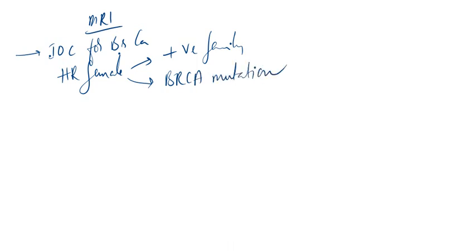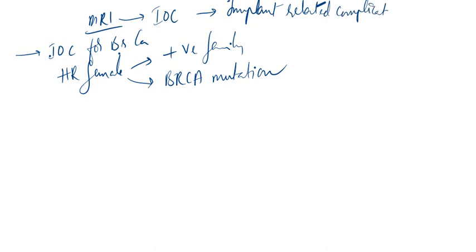Okay. Now MRI is also an investigation of choice for implant related complications. For example, you have an implant related infection that has occurred in the breast due to a silicone implant. Now you want to define what is the actual condition, then you can go for MRI, right?